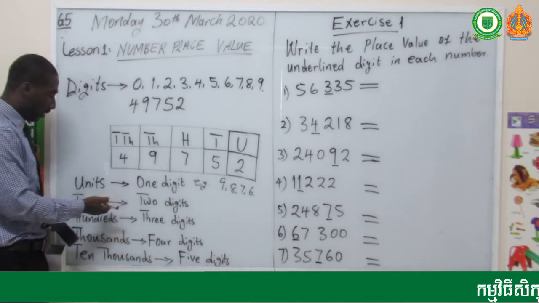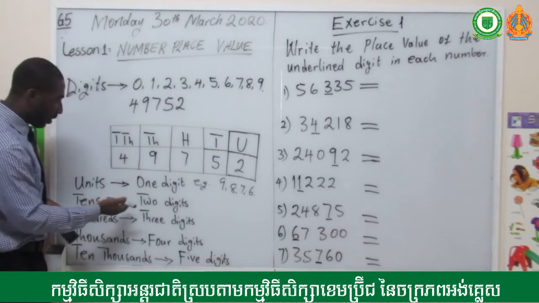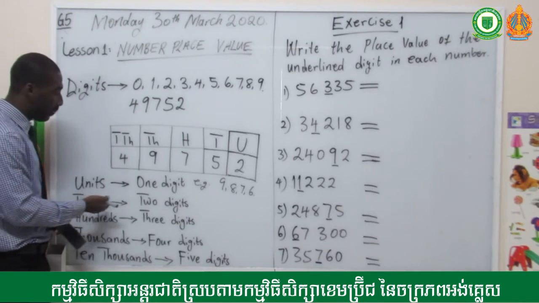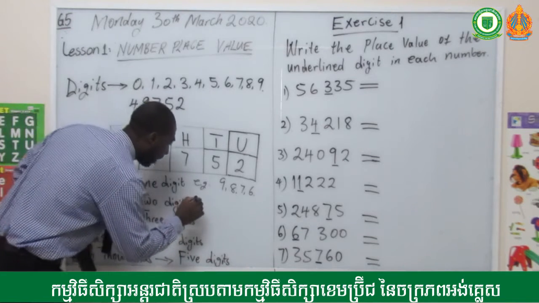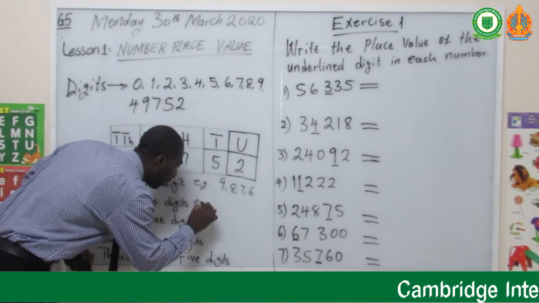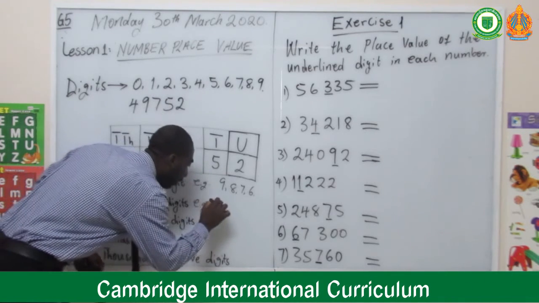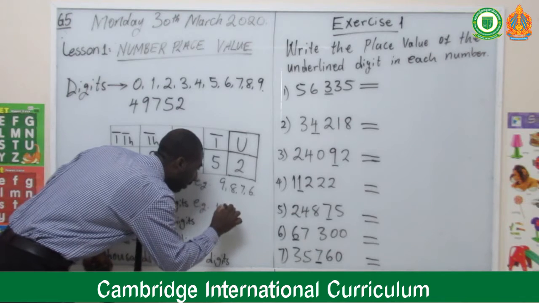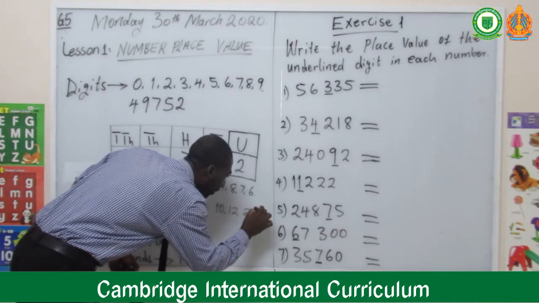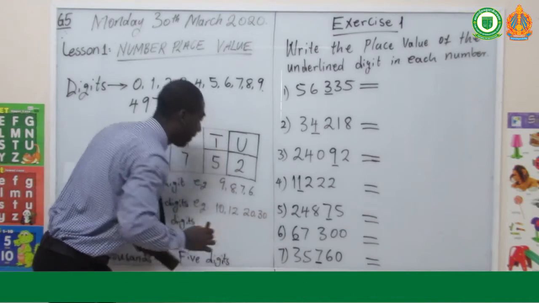2 digits fall within the tens. So tens means 2 digits. You find the example here as your usual 10. You can say 12, 20, and 30.